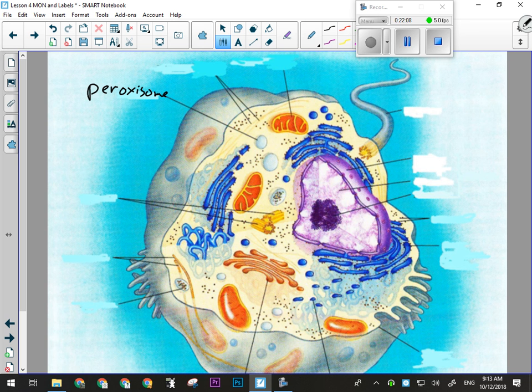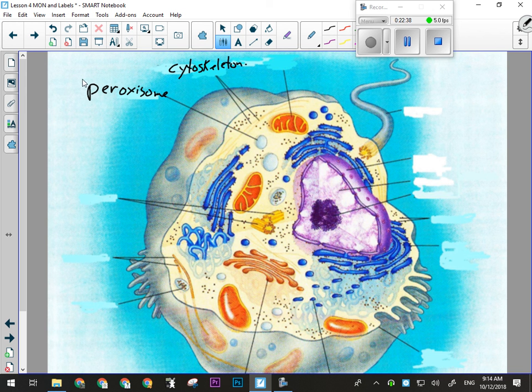All right, I'm going to go clockwise around the cell. So we're looking at this forked set of lines here, and they are touching these thin, fibrous-looking structures. This would be part of the cell's what? Not the membrane, that's the outer part. Cytoskeleton, right. There's actually different parts to the cytoskeleton.